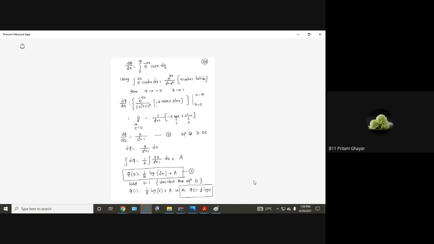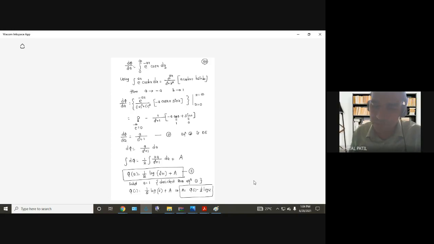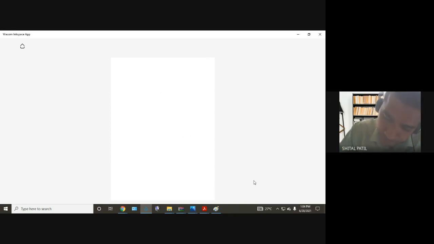Okay, page number 59. So from equation 1 we have phi of a equal to integration from 0 to infinity e raised to minus x minus e raised to minus a x divided by x sec x dx.